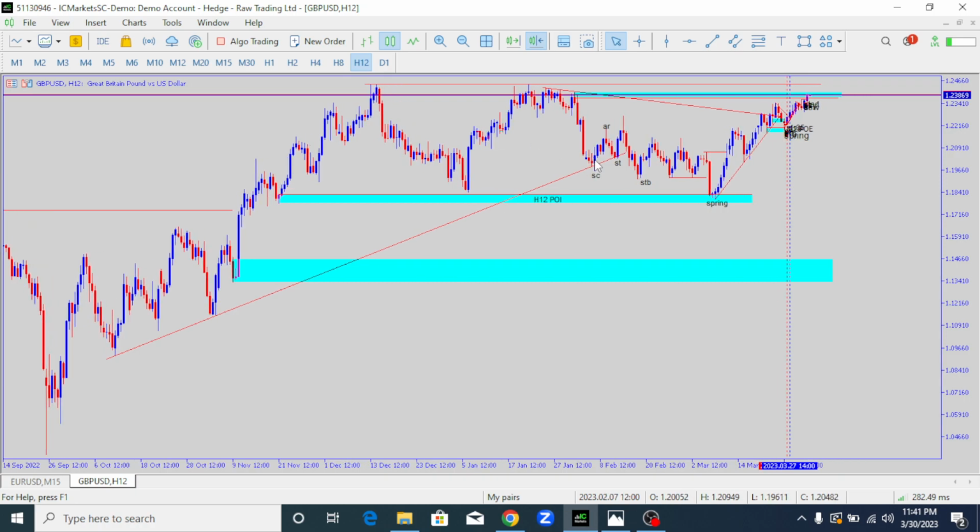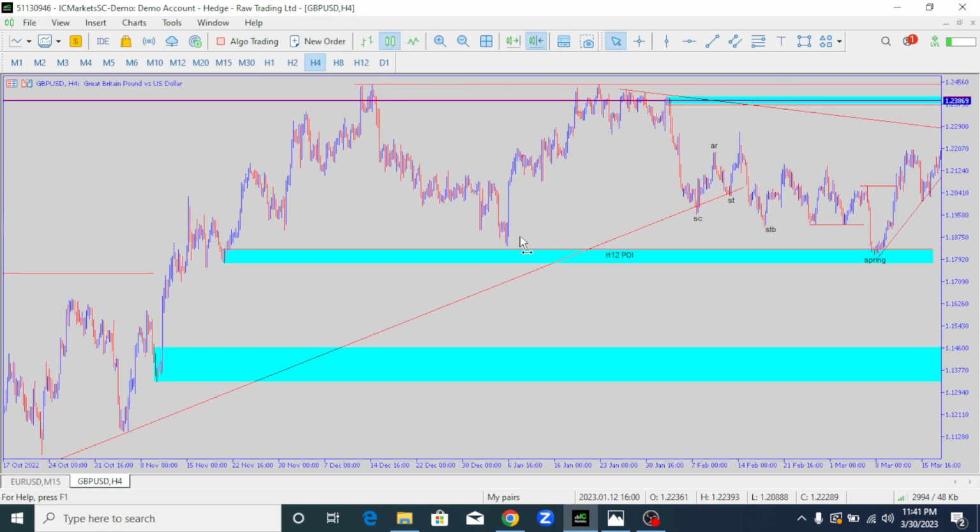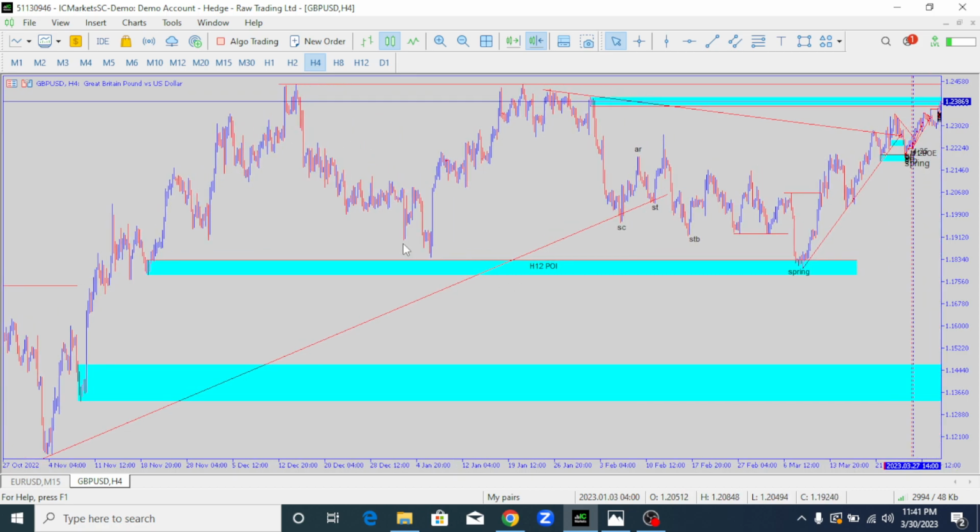So I expected the price to react off of this demand zone, this one, because I saw the price was starting to accumulate, manipulating this momentum trend line.